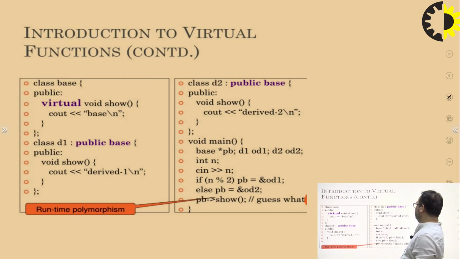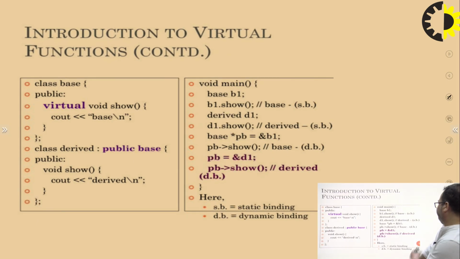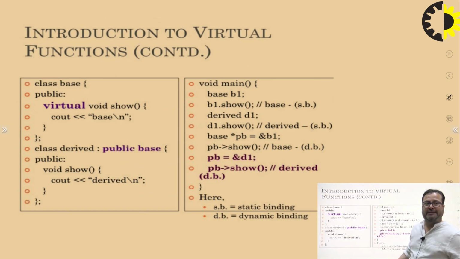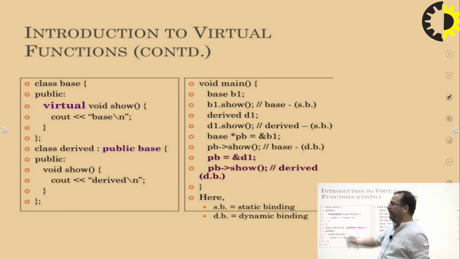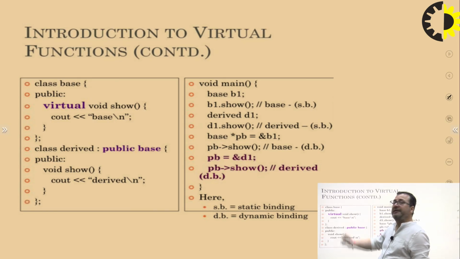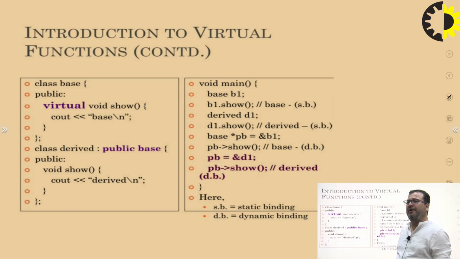This one is the simple base class pointer pointing to the derived class object without writing the virtual keyword, which we have already seen. If we do not write virtual in the function, then although the base class pointer is pointing to the derived object, it invokes the function which is in the base class, not the function in the derived class.